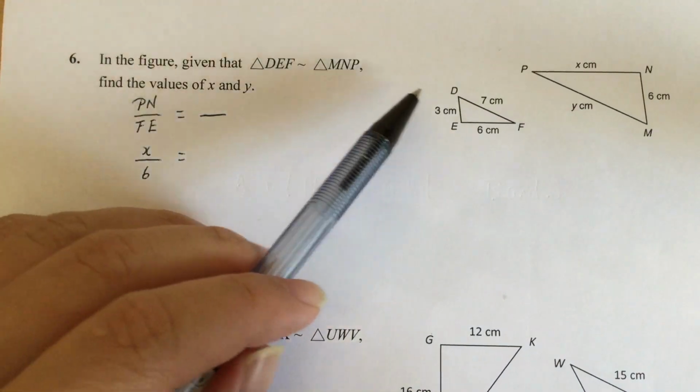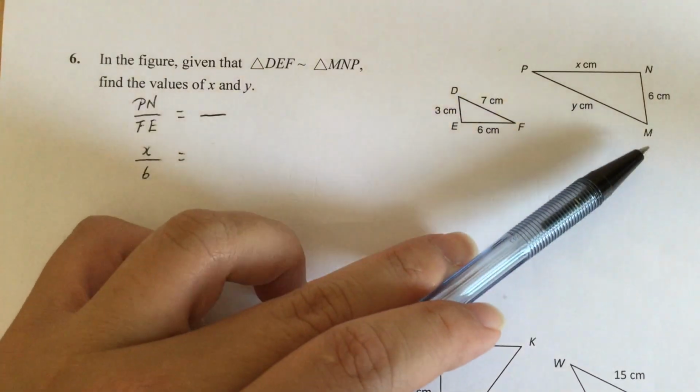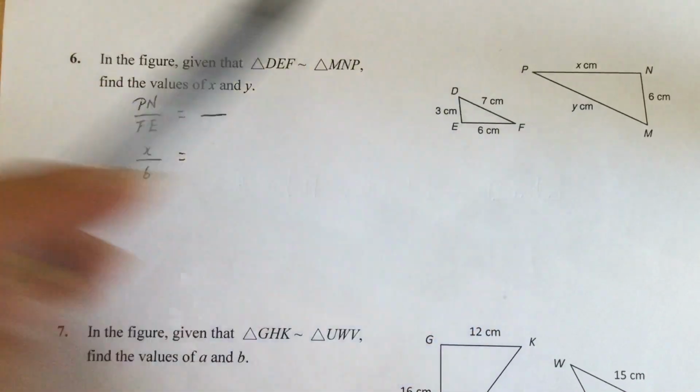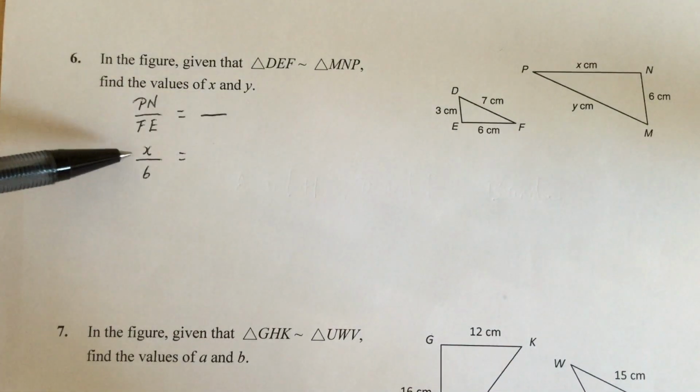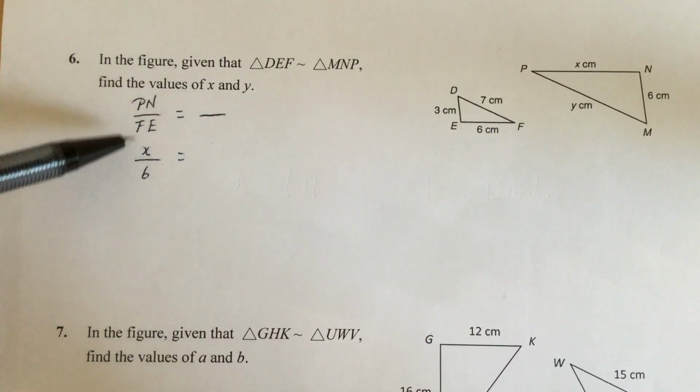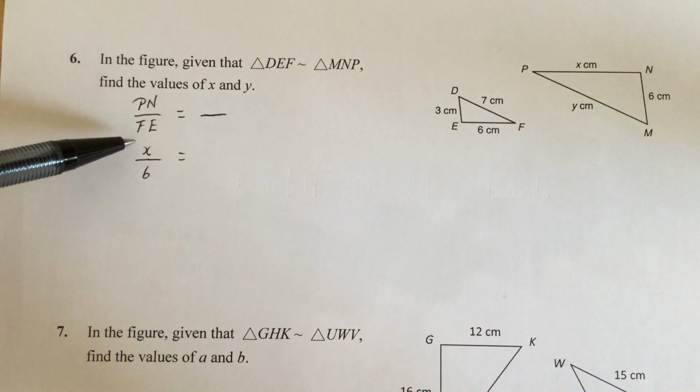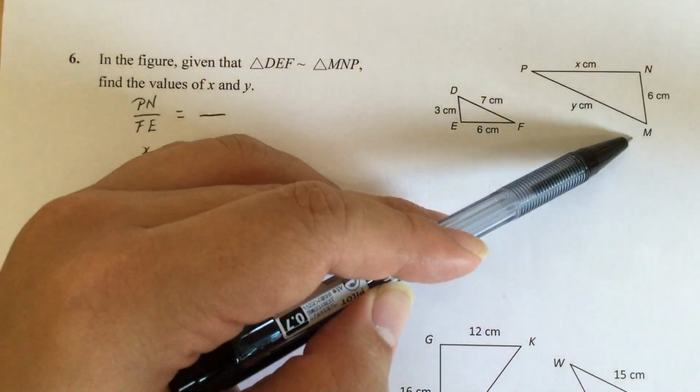Then we can find out which pair we are going to use. For example, we will never use MP, because we know that MP is Y. If we write down Y here, we will have 2 unknowns in 1 row, and it is impossible to find the answer with 2 unknowns in only 1 equation. The only way is to find the other one, that is MN.